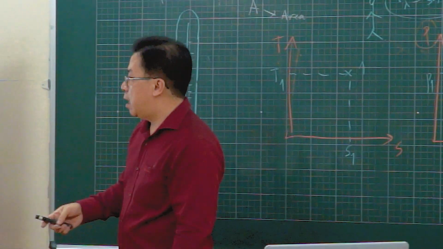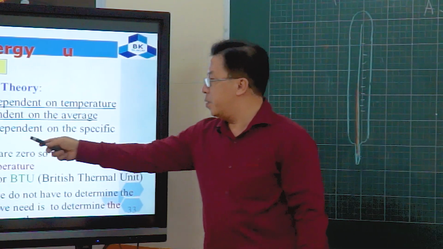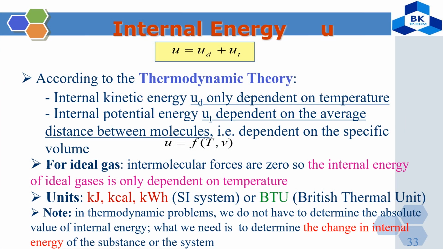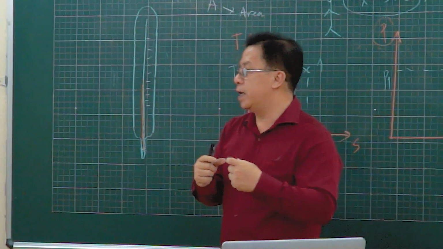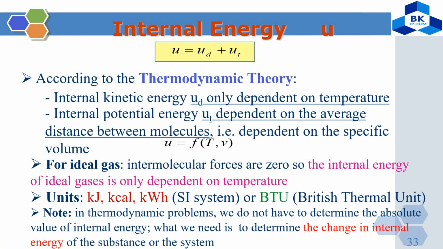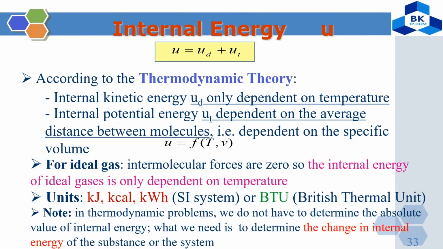So in this case, for the ideal gas, the intermolecular forces are zero because there is no interaction between the particles, the molecules inside the ideal gas. So in this case, we can just ignore the V. Therefore, for the ideal gas, the internal energy is only dependent on the temperature.